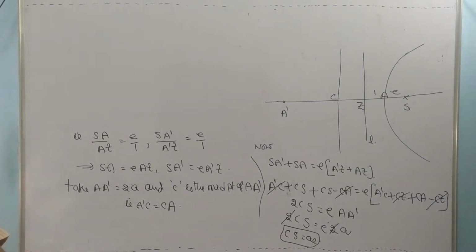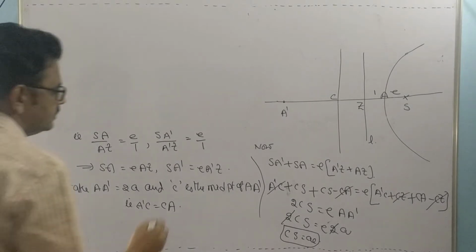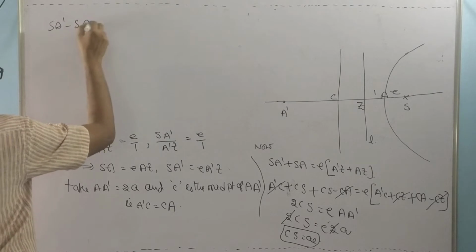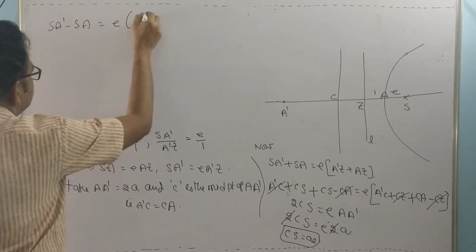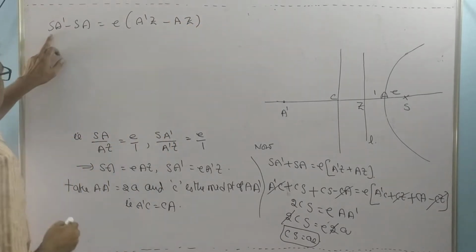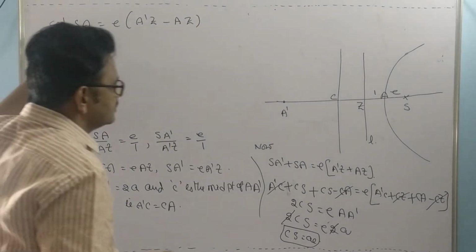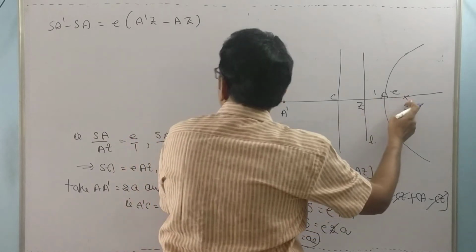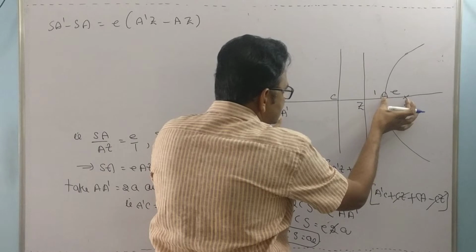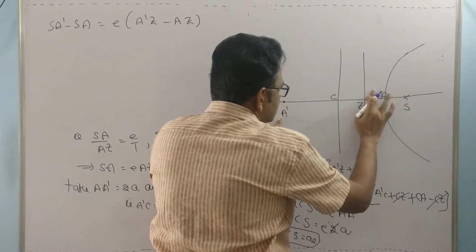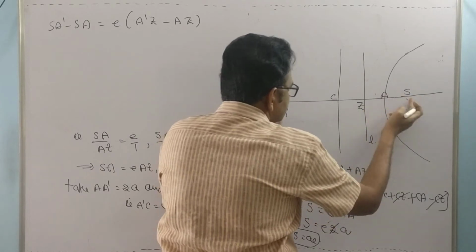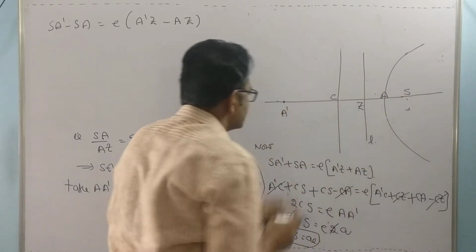And next you write SA dash minus SA is equal to e into A dash Z minus AZ. SA dash means A dash S. So this is A dash S minus SA, and A dash S minus SA is nothing but AA dash.